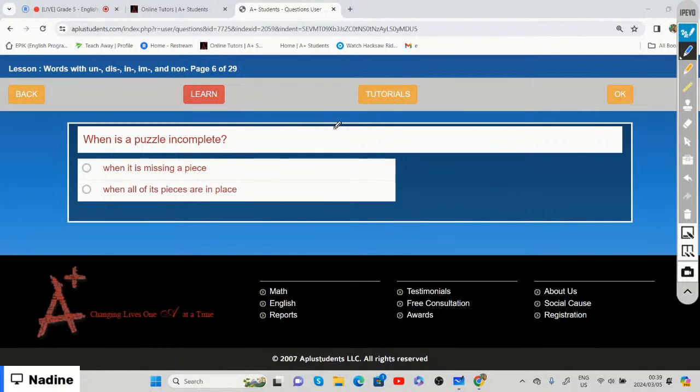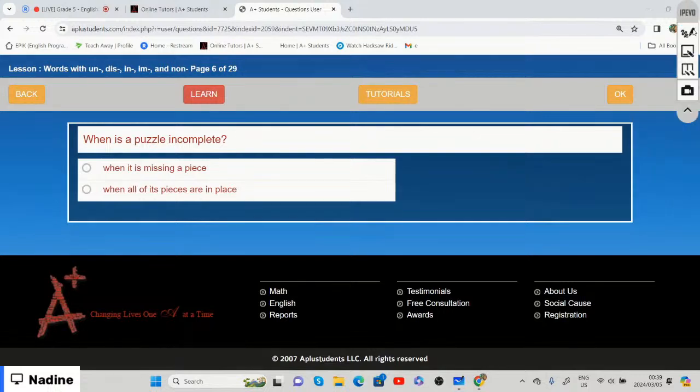So basically, when the puzzle is incomplete, so when is a puzzle incomplete?